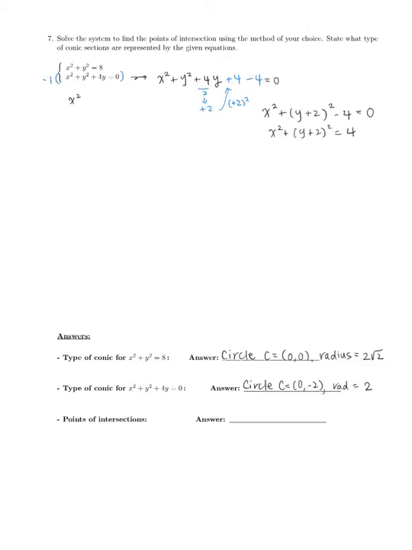X squared plus y squared equals 8, and then negative x squared minus y squared minus 4y equals negative 1 times 0, which is still 0. Okay, so the squared terms are going to cancel out. So what we have left over is negative 4y equals 8. So that means y is going to be negative 2.